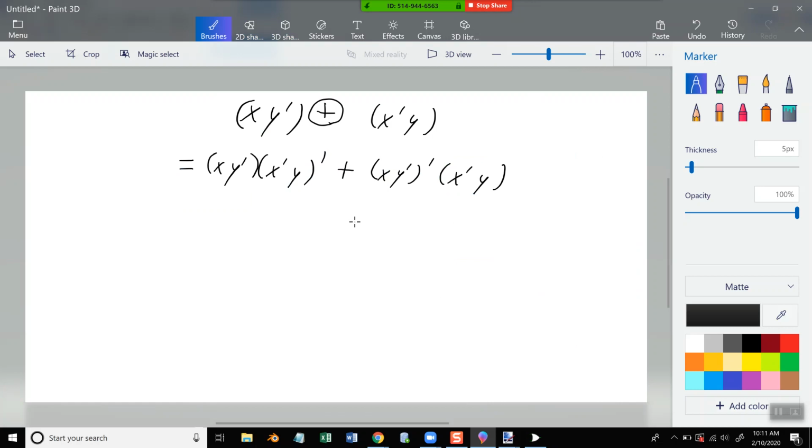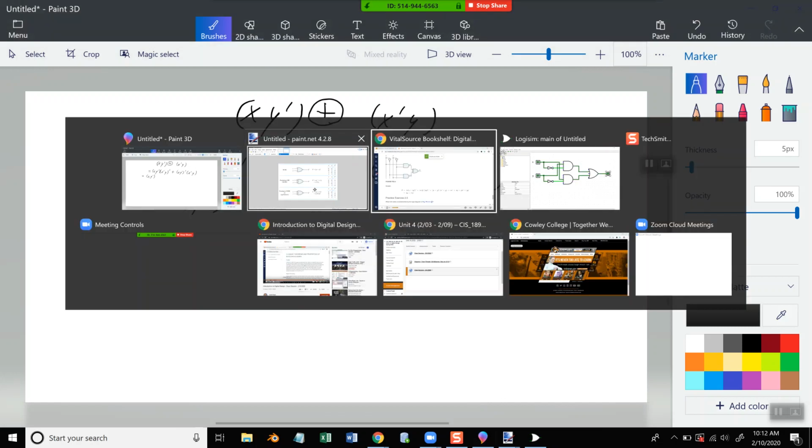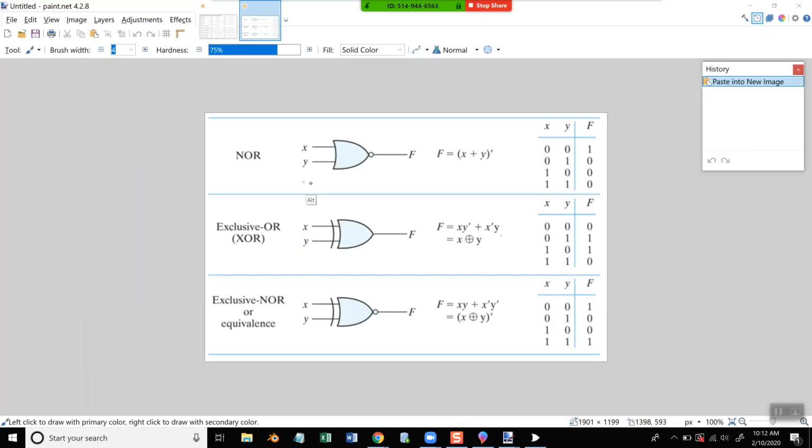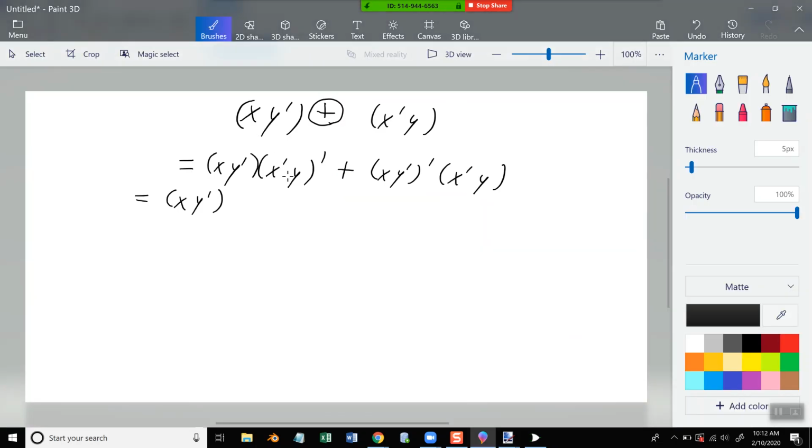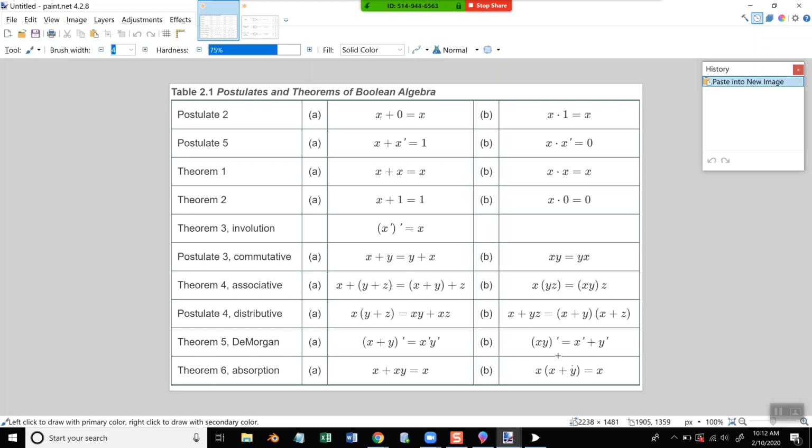Well, so let's try simplifying. Okay, De Morgan's right here says if you've got two things multiplied together and then a prime on it, you invert each one and put a plus between them.